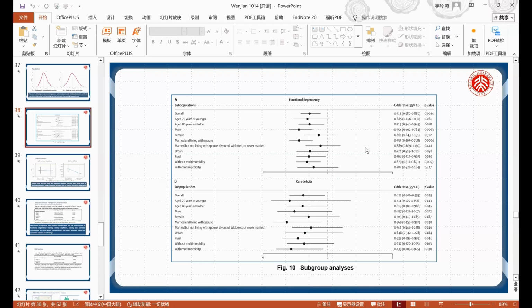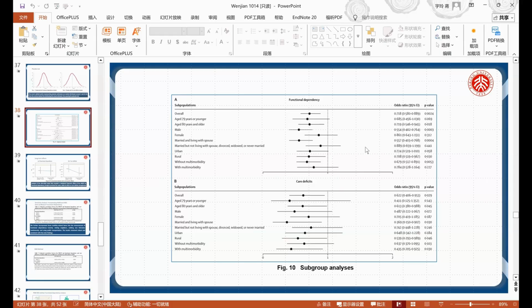Actually, we tested this difference between rural areas and urban areas in baseline, and we found that the proportion living in rural areas in the intervention group was lower than in urban areas.